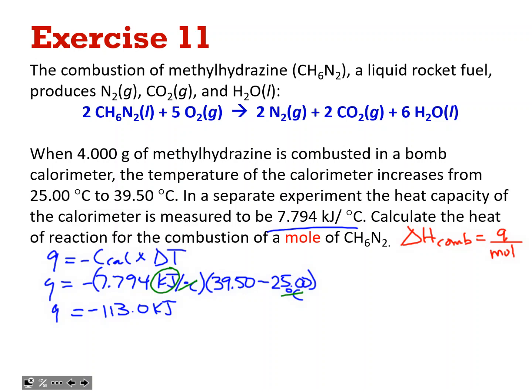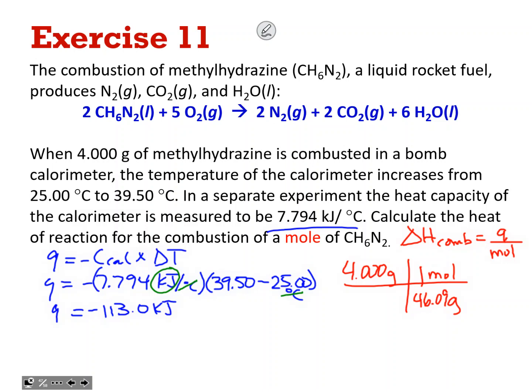We have to find the moles of the methylhydrazine and how much was put into the bomb calorimeter to begin with. 4 grams, so that means that 4 grams were inputted, so we can find the moles. So change it to moles. I believe the molar mass is 46.09, but somebody can check that real quick.